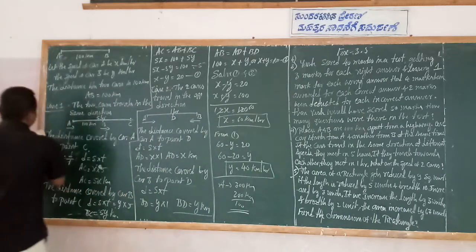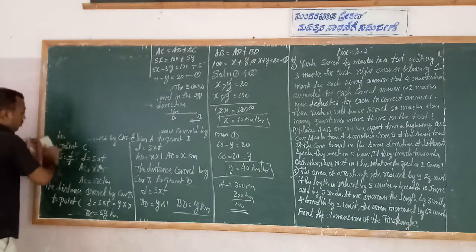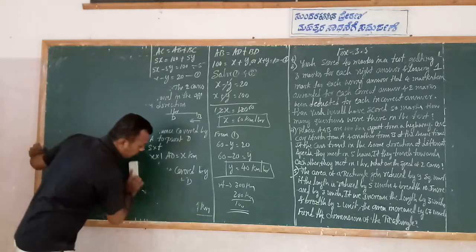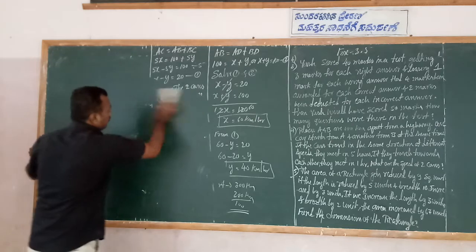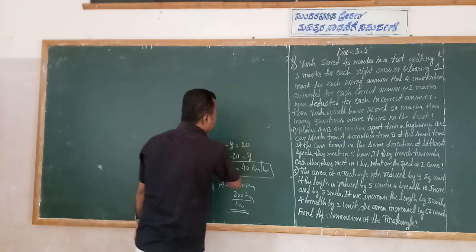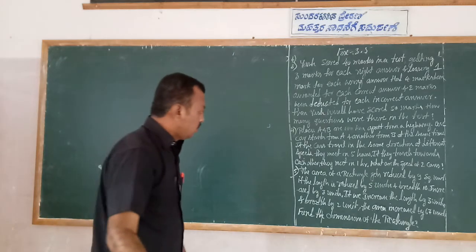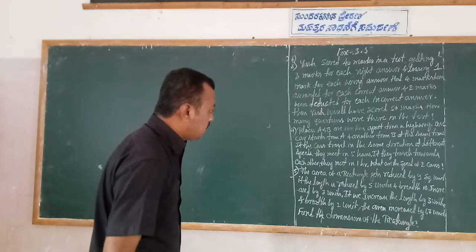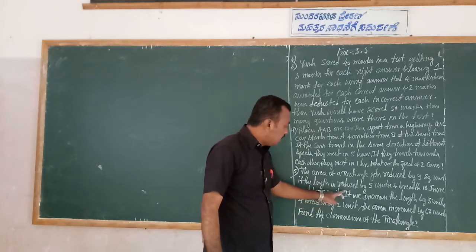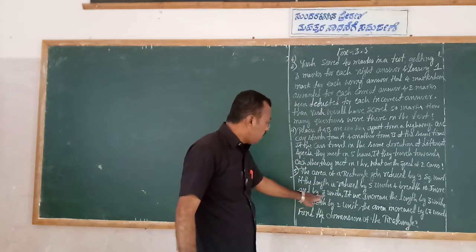So next, the last question. The area of a rectangle gets reduced by 9 square units if the length is reduced by 5 units and breadth is increased by 3 units.